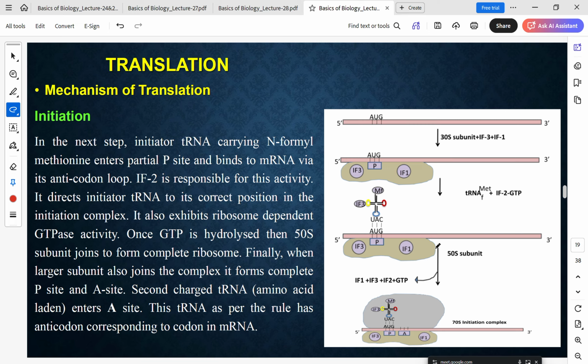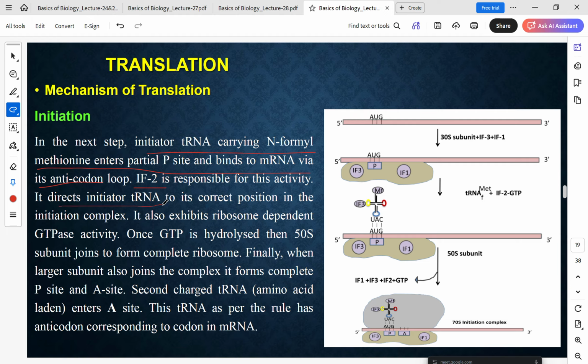So this enables the recruitment of the initiation factors, and the ribosomal complex forms. In the next step, initiator tRNA carrying N-formyl methionine enters the partial P site and binds to the mRNA via the anticodon loop. At this point, IF2 enters the picture.